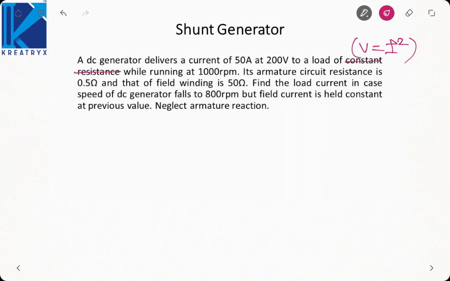Now it is saying a generator is delivering 50 ampere current at 200 volt, which means if it is shunt generator, what is IL? 50 ampere. What about IF? 200 by 50, that is 4 ampere. So what about IA?